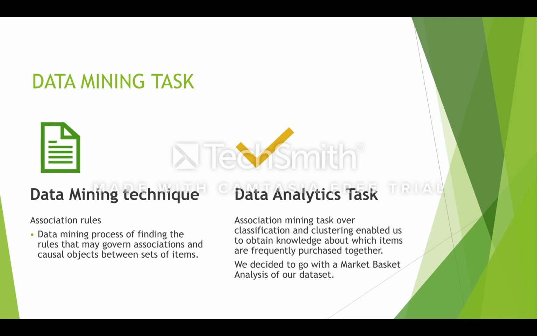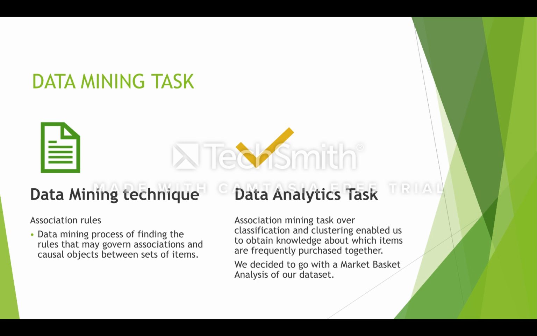For our dataset online retail, we chose association rule as the data mining technique. Association rule is the data mining process of finding the rules that establish associations and causal relations between sets of items. Classification and clustering will enable us to determine if a particular data point belongs to a particular class label or not.